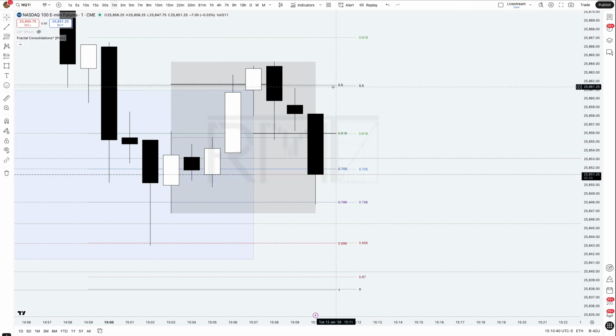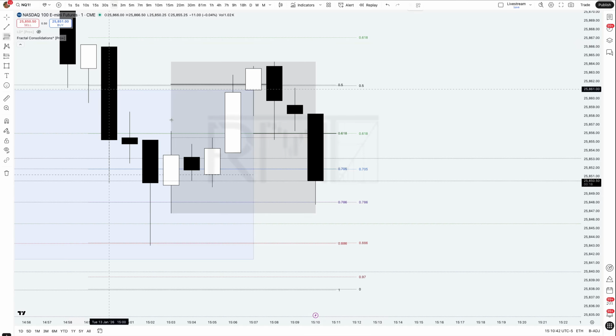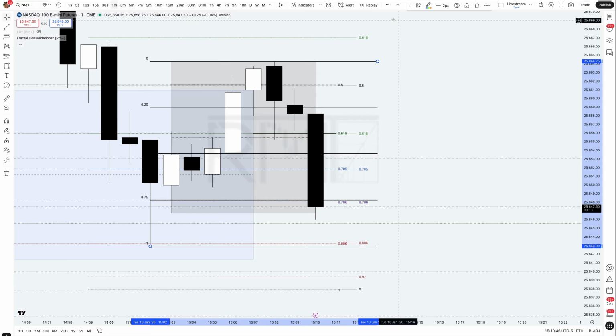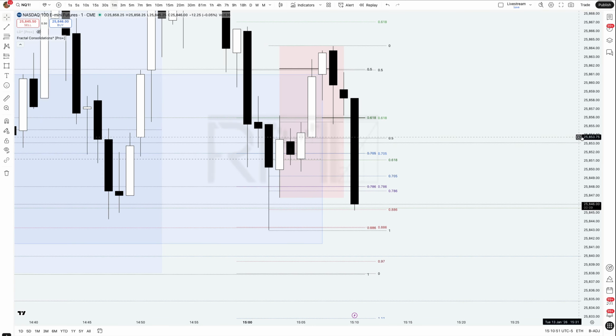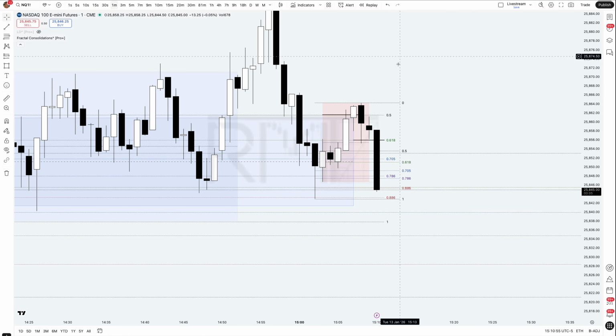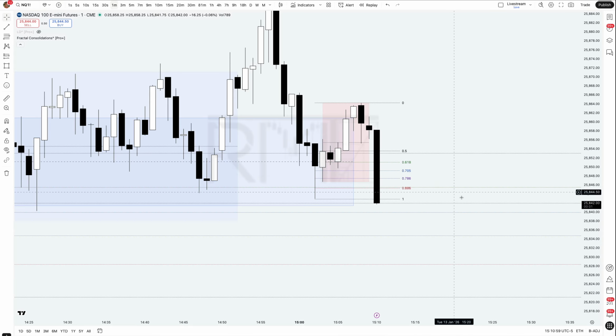And something that we can pay attention to, the same is low, high. Too many lines, so 618.